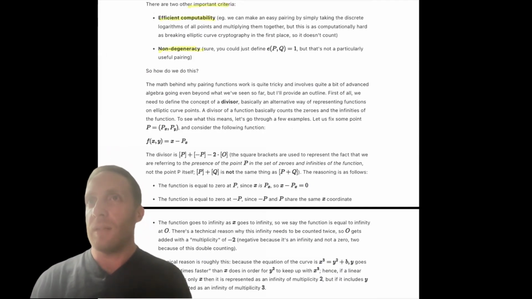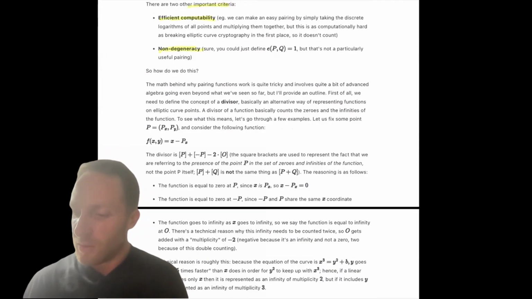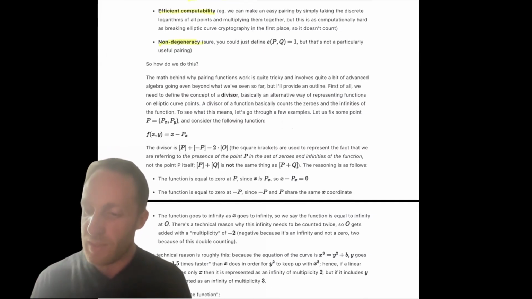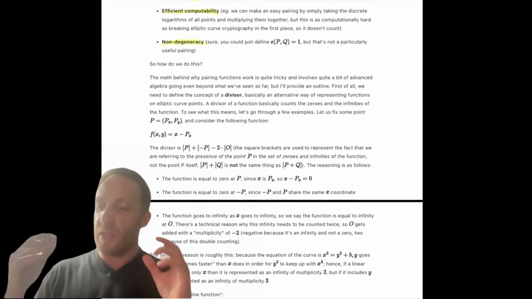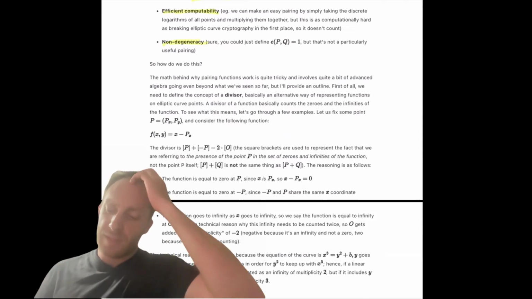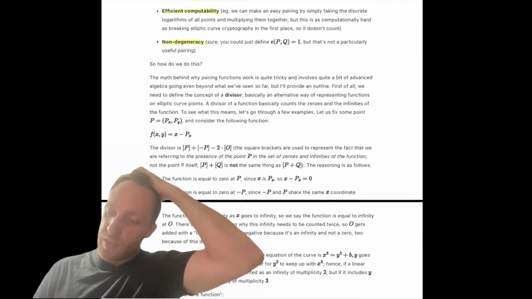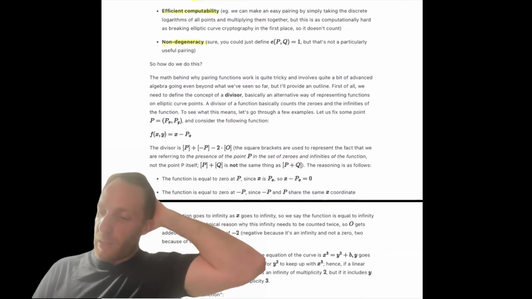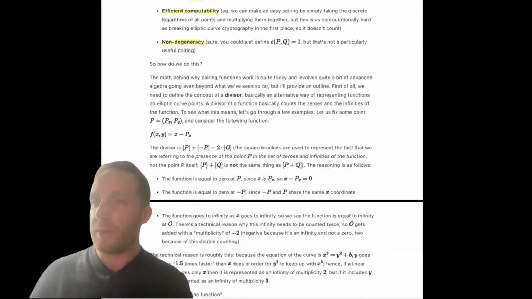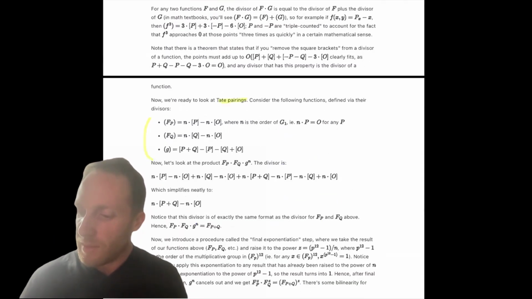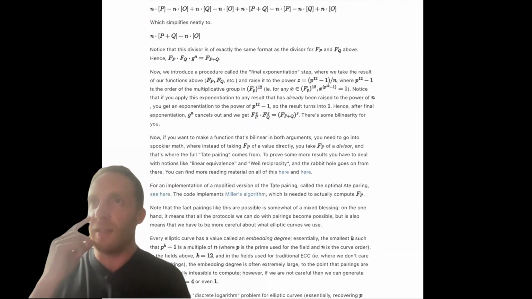But you have to define these divisors, which he gives an example of here. f(x,y) is just a function looking at the zeros. It's kind of typical stuff. I think you look at zeros and infinities in complex numbers as well, so I'm not surprised if this shows up, but I will be very curious to understand this structure better once I get there. That being said, we'll just continue to the parts that are interesting for us.